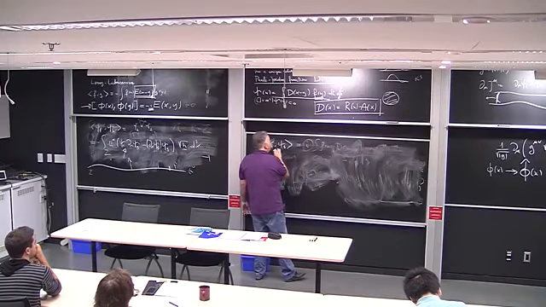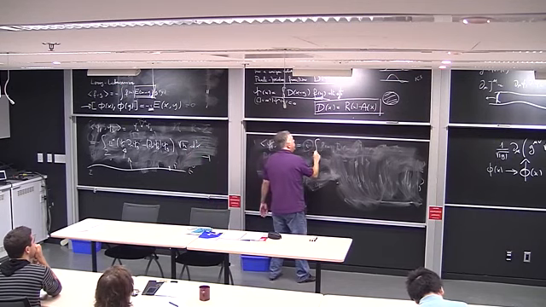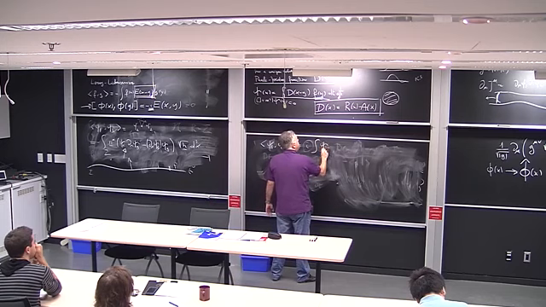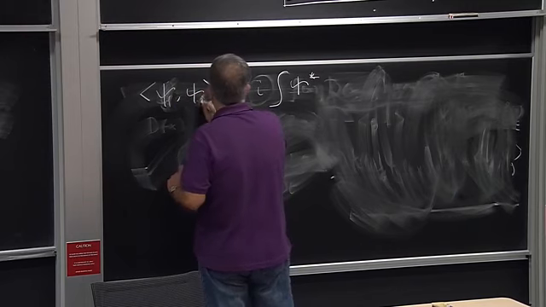So the definition of the Klein-Gordon product to complex solutions of the Klein-Gordon equation is now written this way. Let's write C1, C2.